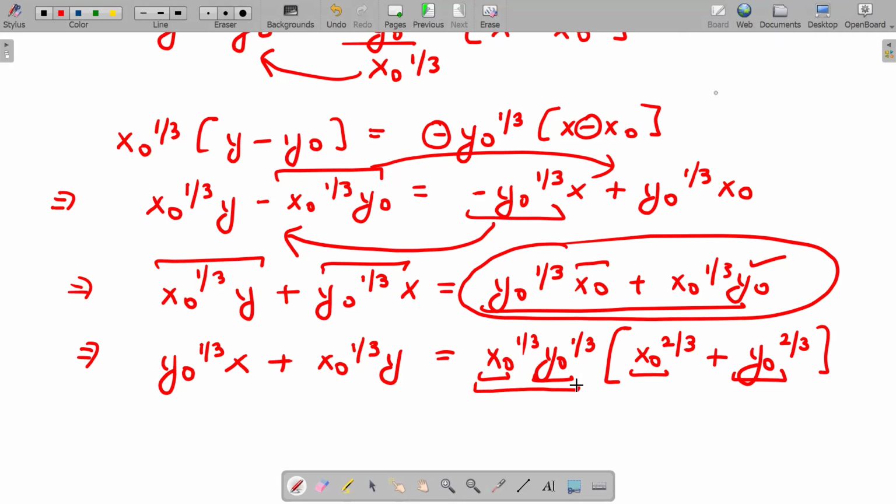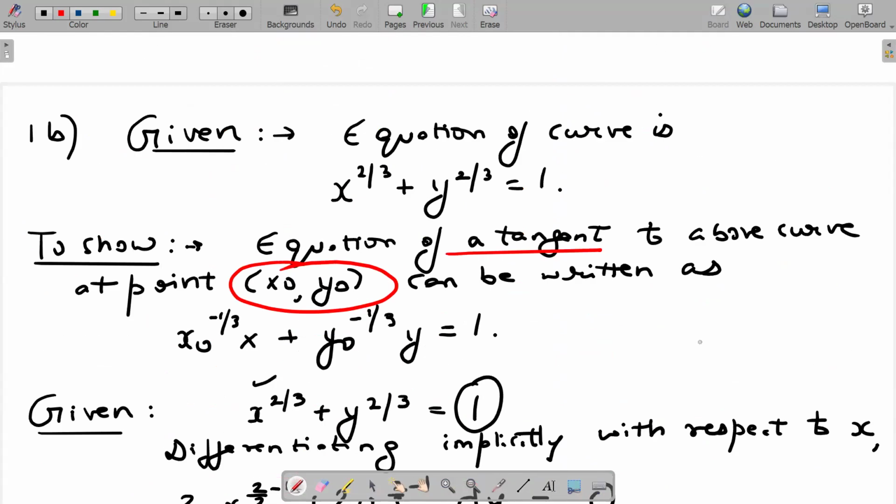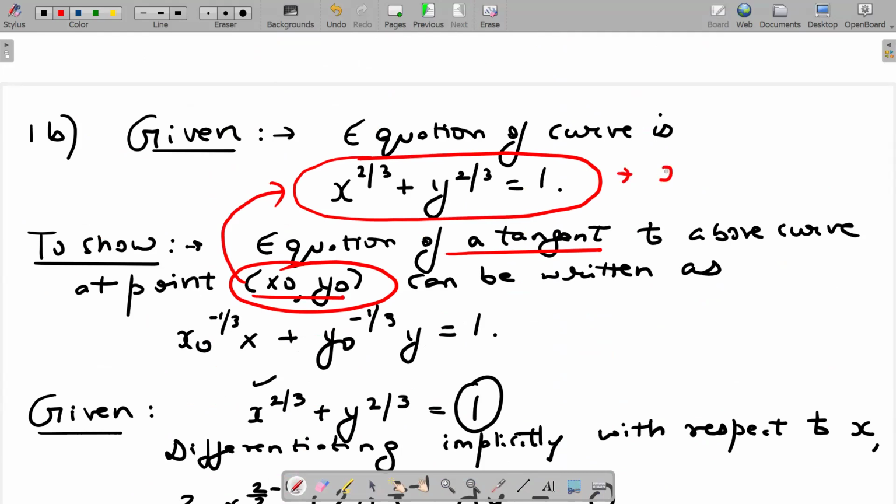Why did I do it? Because inside the bracket, I want to create this, and you can see that this is 1. Why is it 1? Because if you read the question carefully, the curve is tangent at this point. That means this should satisfy this equation. x0 to the power 2/3 plus y0 to the power 2/3 should be equal to 1.